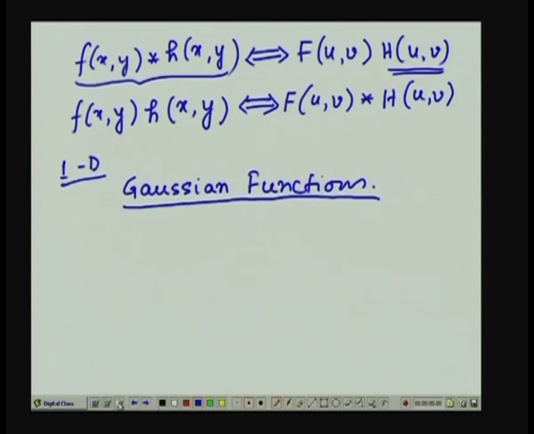So, I will write a Gaussian filter in the frequency domain as H(u) = a e^(-u²/2σ²), where sigma is the standard deviation of the Gaussian function.